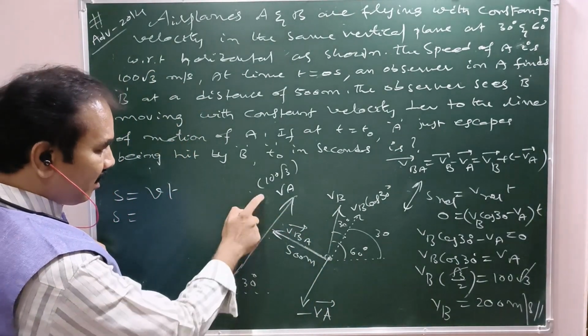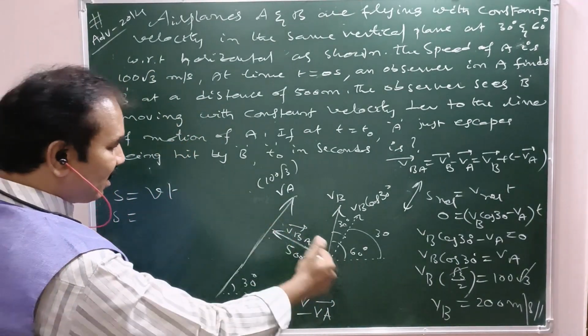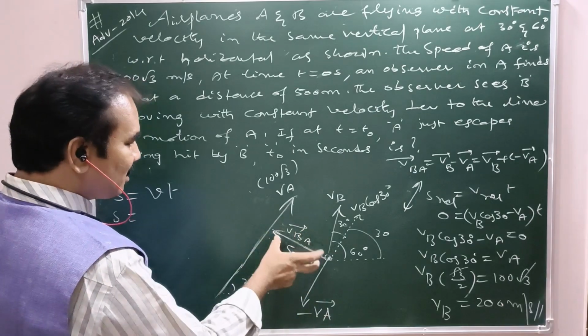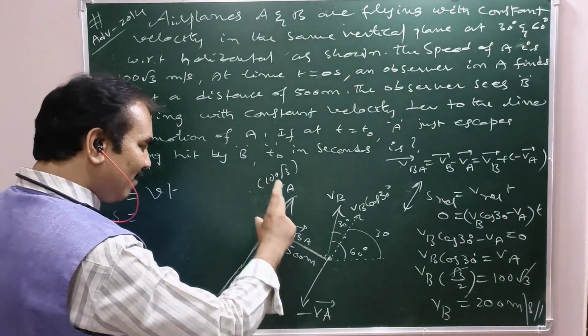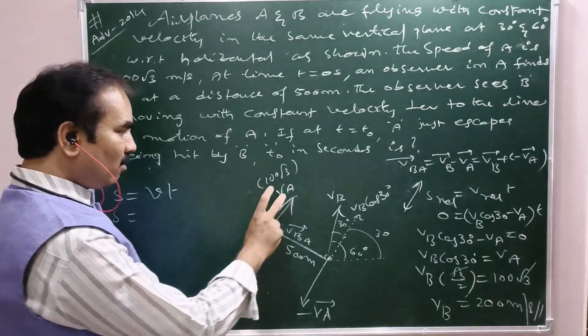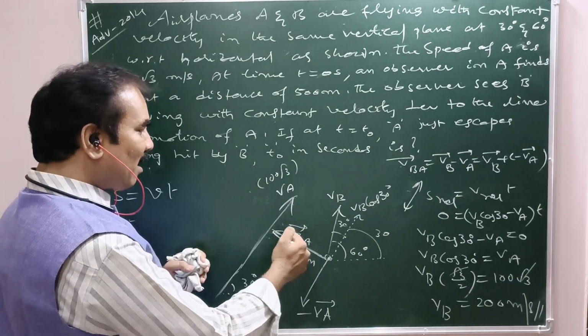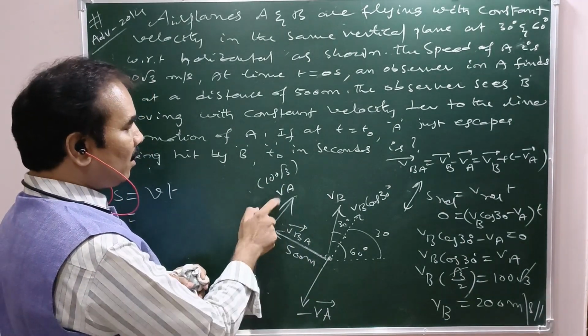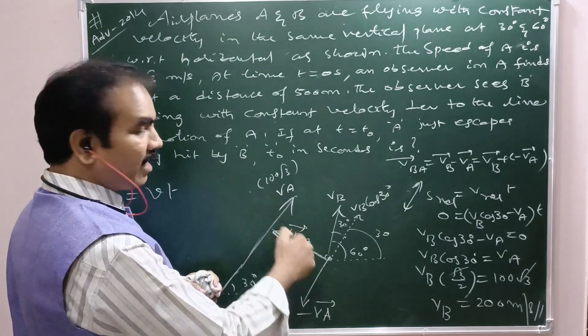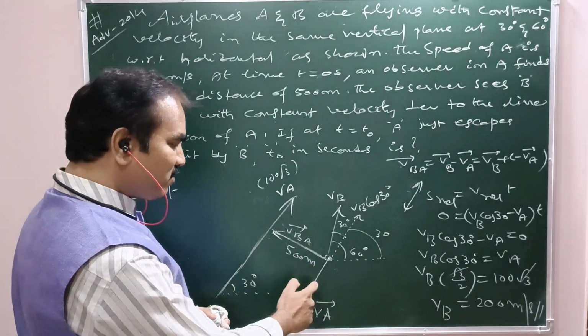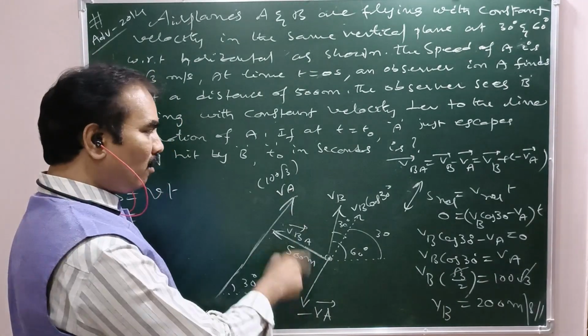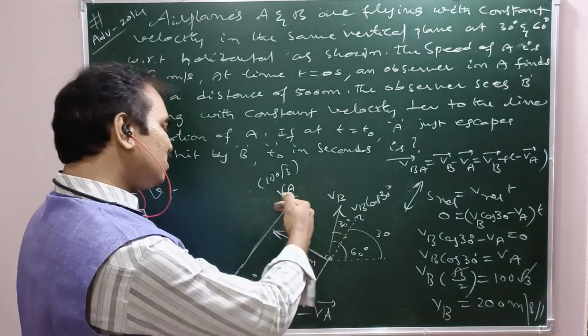But VA doesn't have any component along this way. Why? Because this is the perpendicular line with respect to VA. So the component of VA along this way is 0, and the component of minus VA along this way is also 0. So we have only the component of VB along this way.